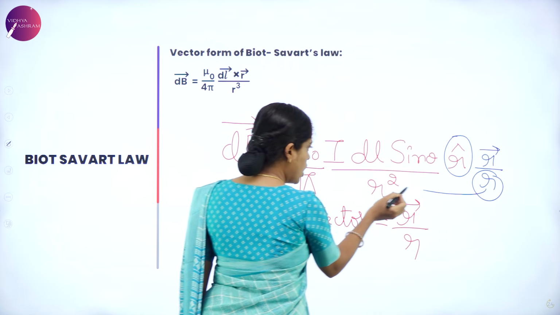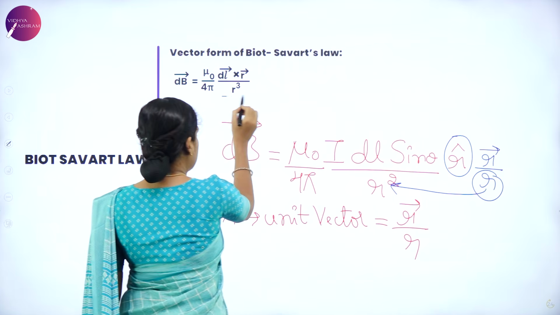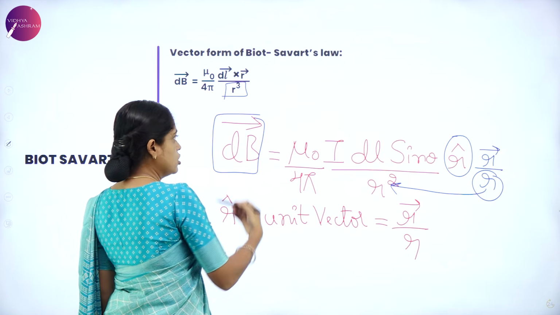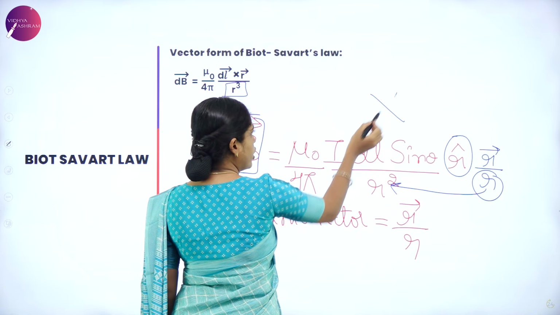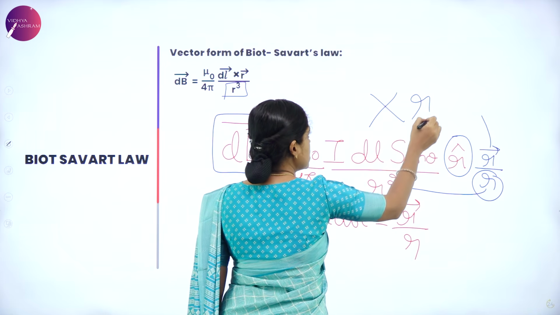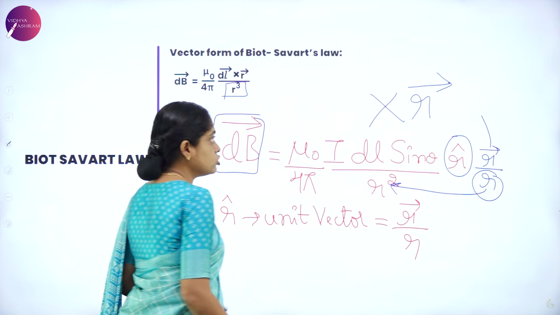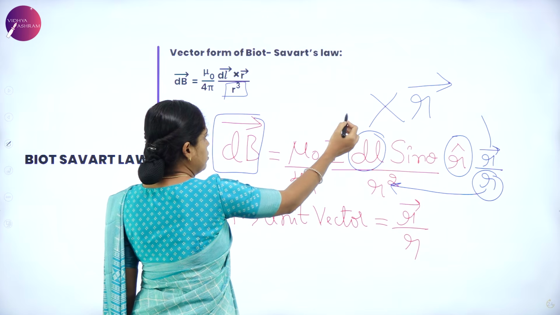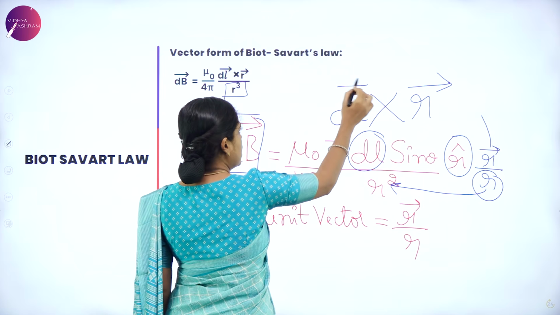r into r square is r cube, and dB is a vector quantity, so it should be a cross product of two vectors. We have one vector, that is r, and the other vector is the length.